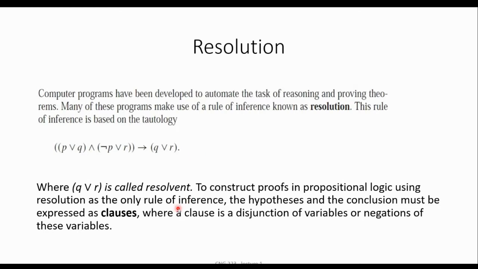Let's take a look at these terms. This disjunction is called the resolvent. That's what they call it. To construct proofs in propositional logic using resolution as the only rule of inference, the hypothesis and the conclusion must be expressed as clauses. What is a clause? A clause is the disjunction of variables or negations of these variables.